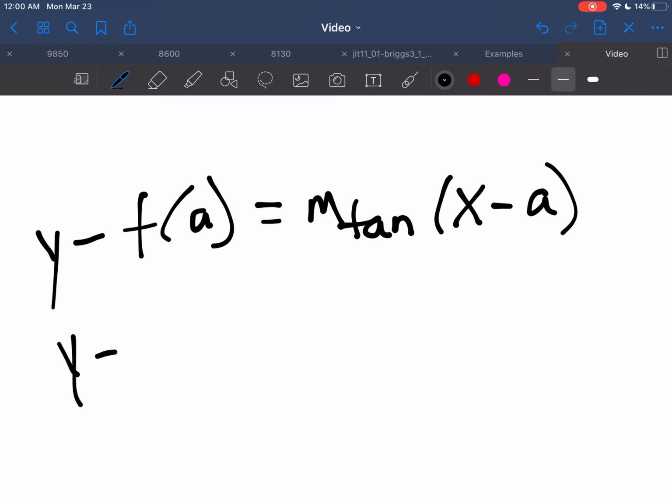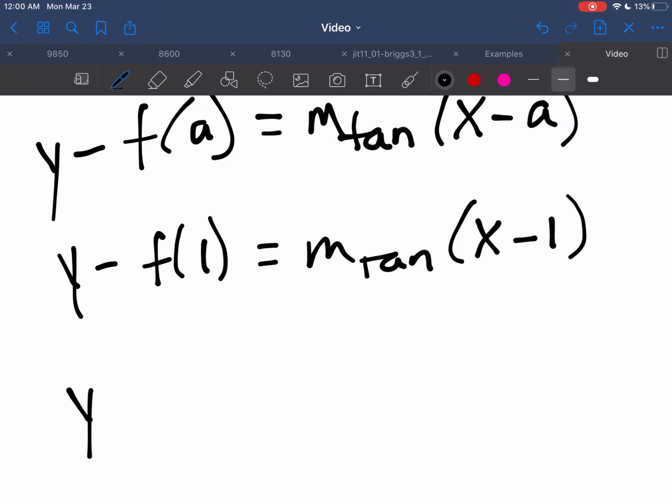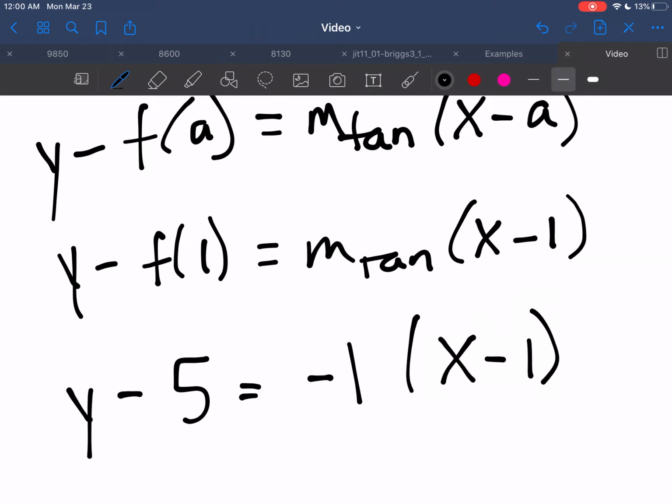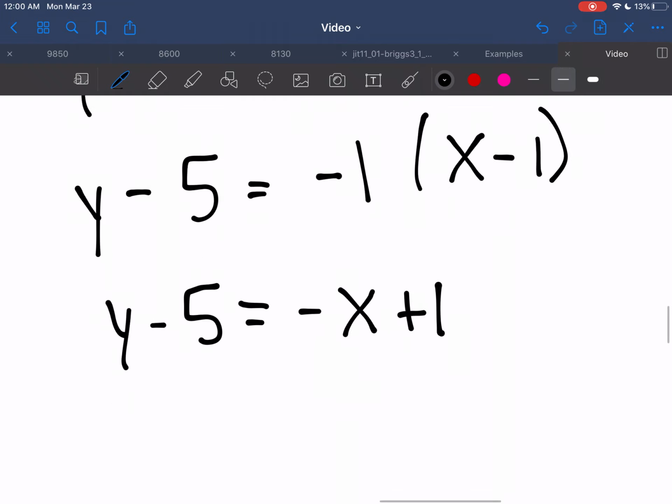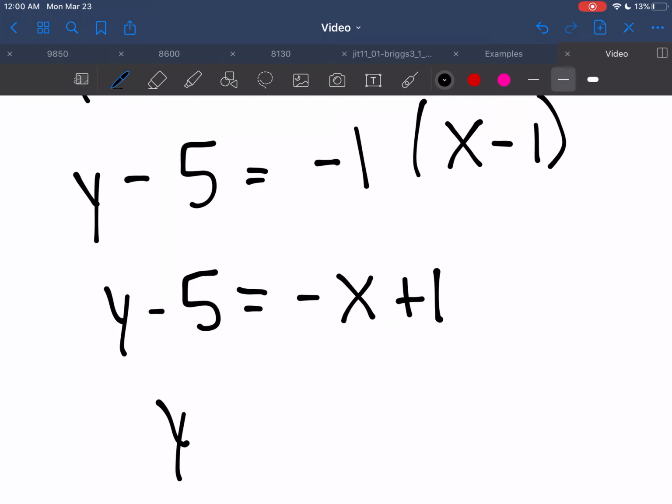So y minus f of 1 is equal to m tan times x minus 1. I can plug in my values. I know that f of 1 is 5, m tan is negative 1 as we found earlier, and that's x minus 1. So I end up with y minus 5 is equal to negative x plus 1, and y is equal to negative x plus 6.